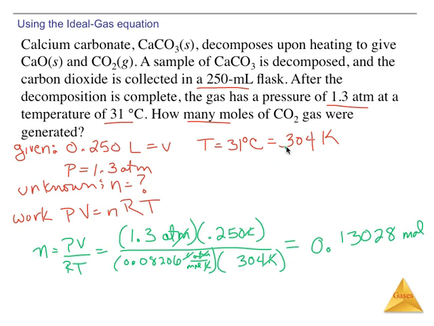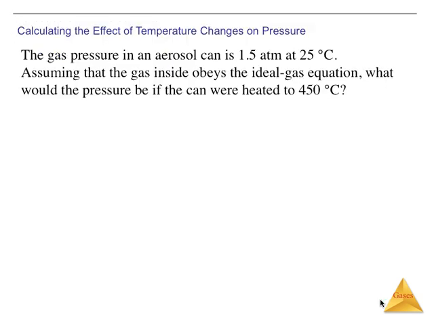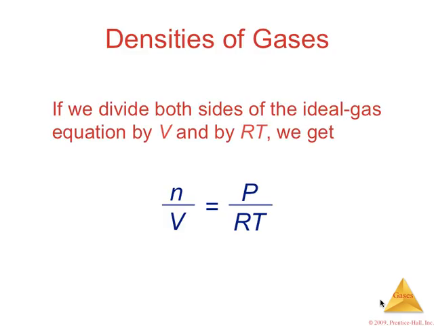Significant figures, well, originally that was 2, but when I added to Kelvin it made it 3. This was actually 2 because it was initially just 250, and this was 2, so I am going to express my answer as 0.13 moles of CO2. We'll look at that in class.